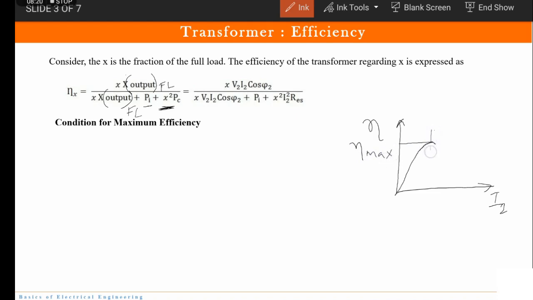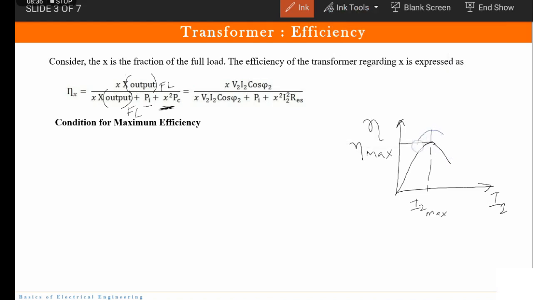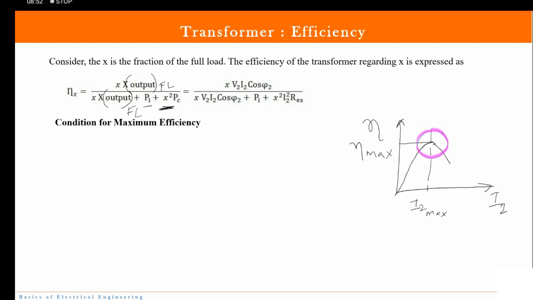Okay, and this corresponding current is the maximum secondary current. But after a particular point, it starts reducing. It means that if we want to get the maximum efficiency, then we have to operate it at this condition. Beyond this, if we further increase the current, then efficiency would reduce.